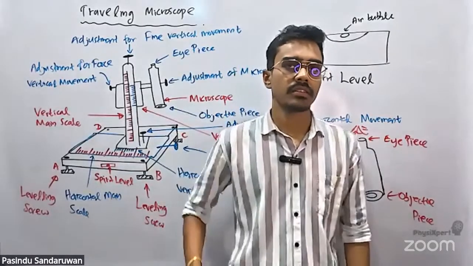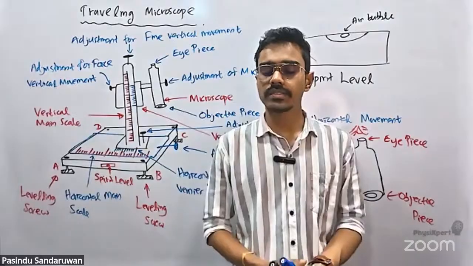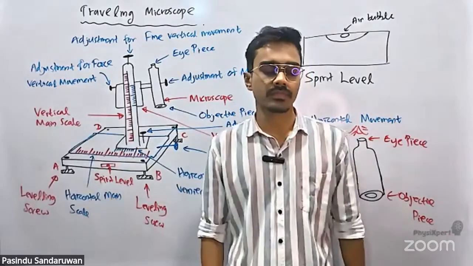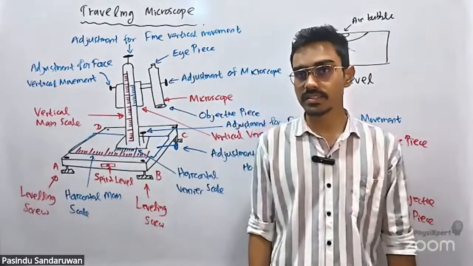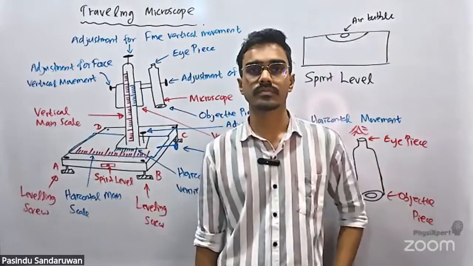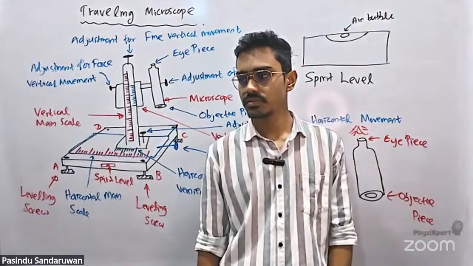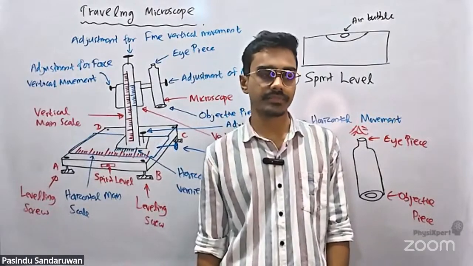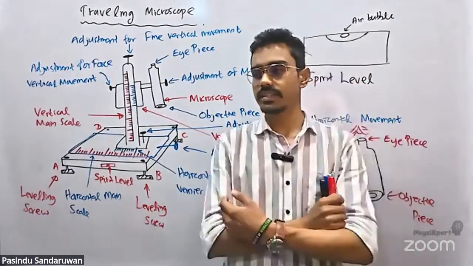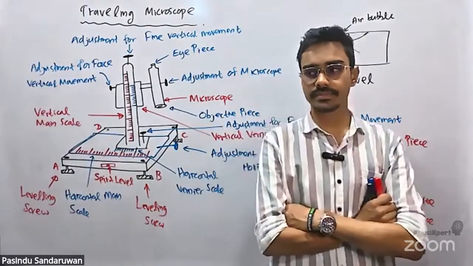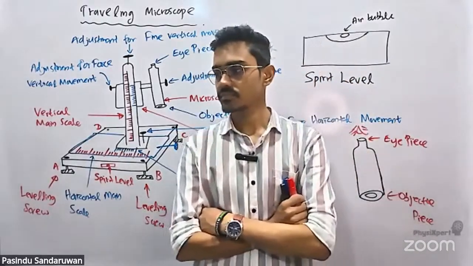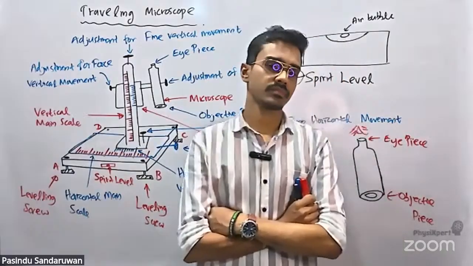Next point. Objective piece is used to keep the object. Right?